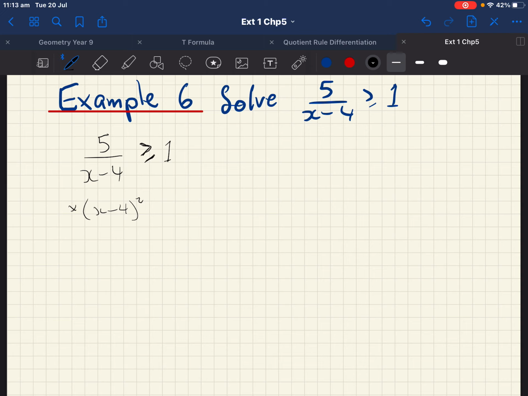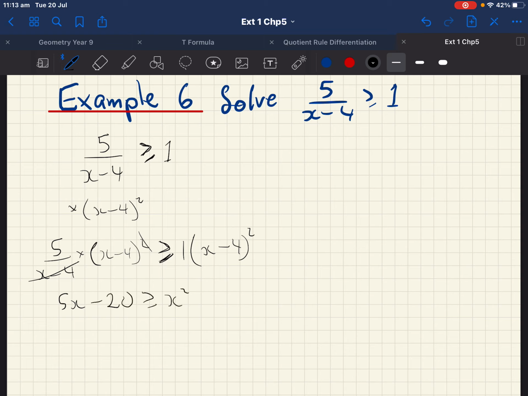So multiplying this first side by x minus 4 squared will ultimately get them to cancel. I can keep this as a greater than or equal to because I know I've multiplied by a positive here, and multiplying the second side by an x minus 4 squared leaves us this. So we end up with 5x minus 20 is greater than or equal to, expanding this out, this.